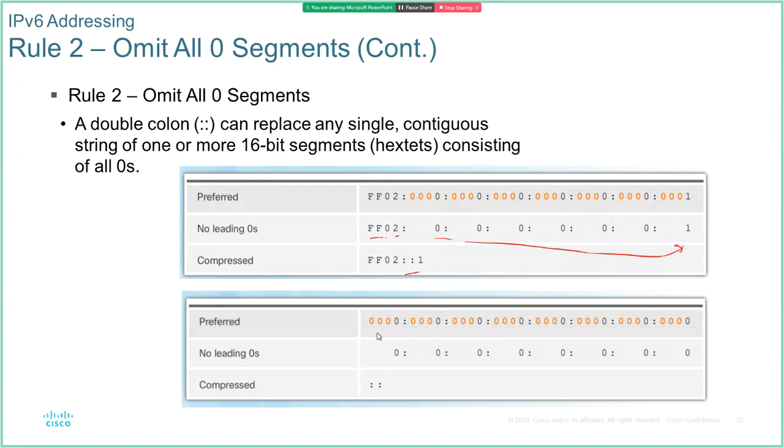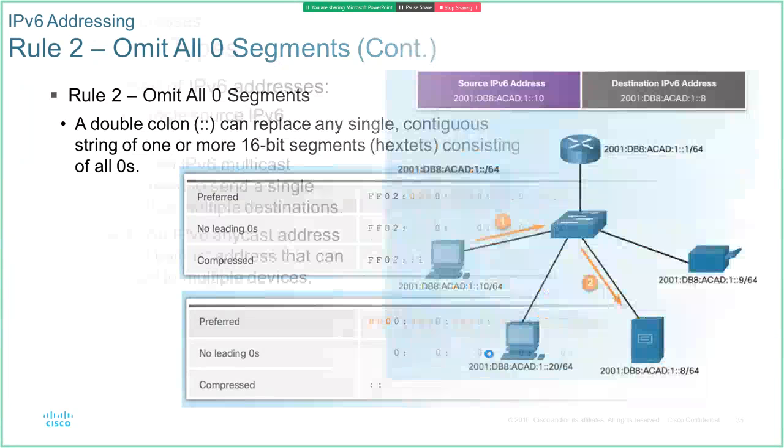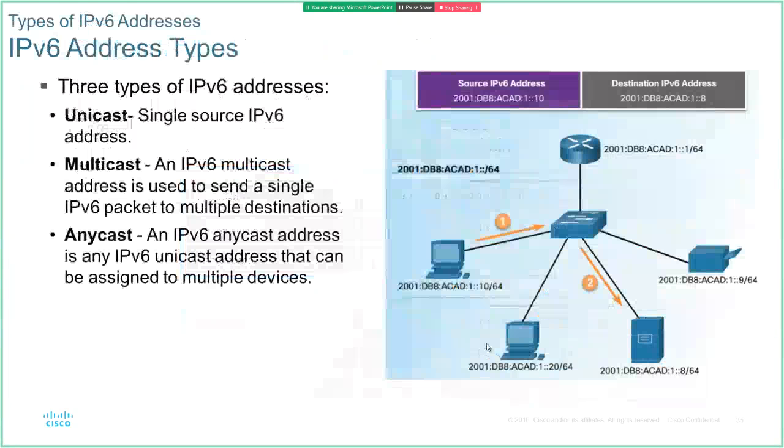Now, the bottom one's a bit strange, but all zeros can be represented with a 0 in each hextet, or just as a double colon. And the chances of that ever being used in a live environment are 0, but it's there.